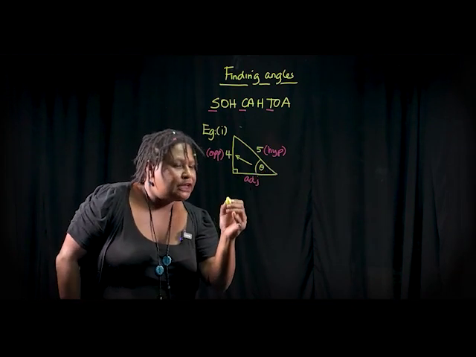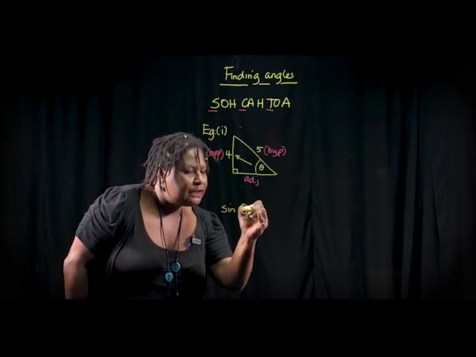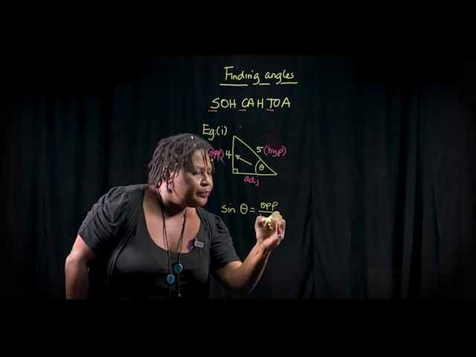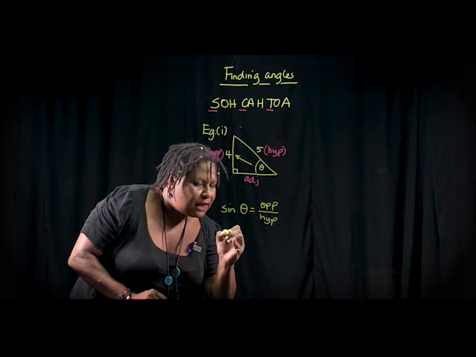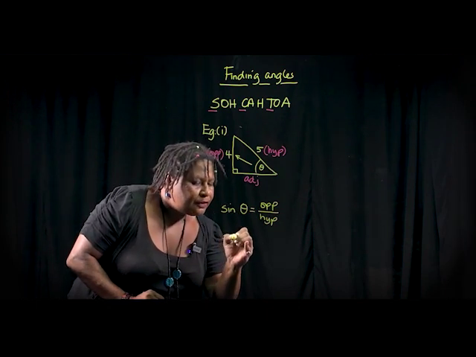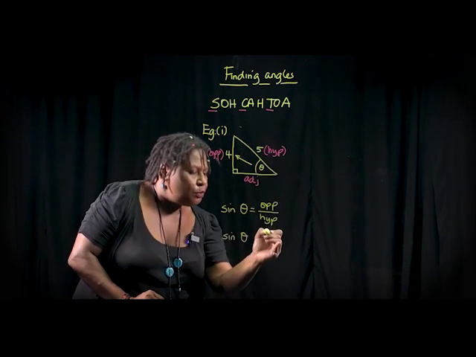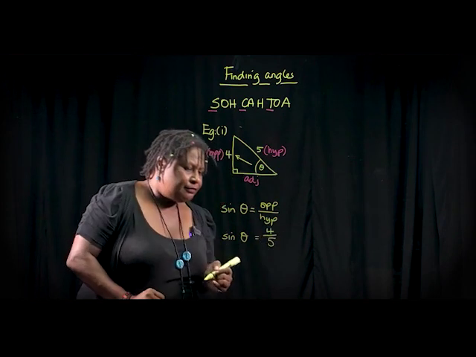Okay? So, let's do this together. Sine theta is opposite over hypotenuse. Okay, theta is unknown. Sine theta, substitute your values. Opposite is 4 over 5.